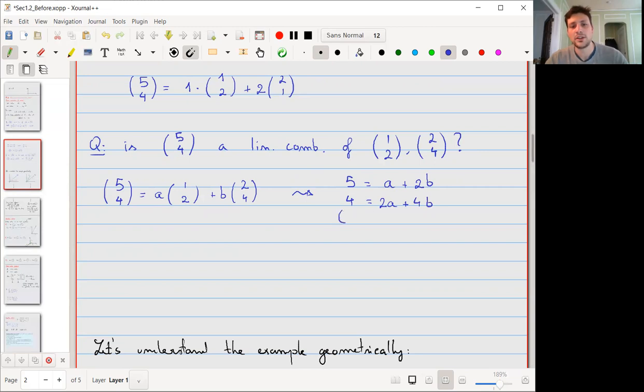If I take this second equation and divide it by 2, I get that 2 is equal to a plus 2b. But now I got that 5 is equal to a plus 2b equal to 2, by combining the two equations and setting 5 and 2 equal to one another because they're both equal to a plus 2b. This is no solution.